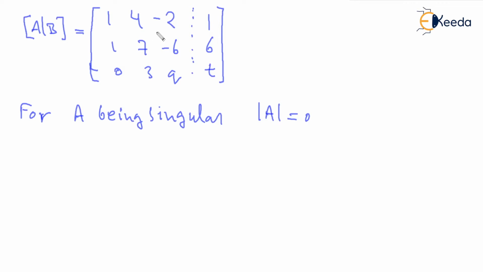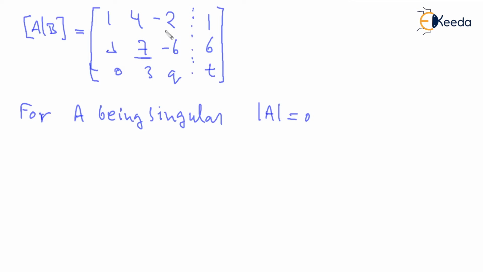Now see this matrix. Can you observe that row 1 and row 3 possibly give the sum as row 2? For these two columns it's satisfied: 1 plus 0 gives 1, 4 plus 3 gives 7.